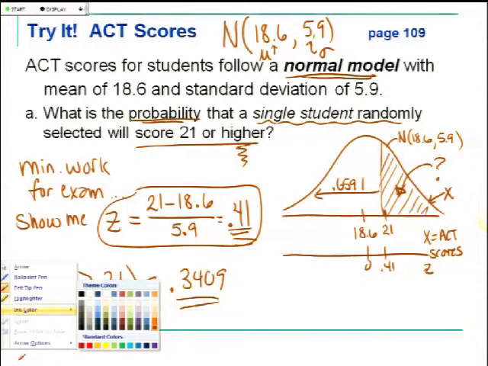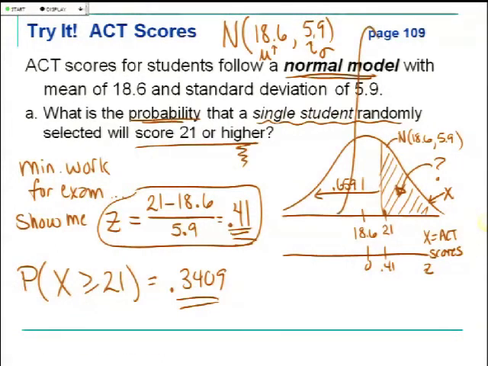It's still centered at 18.6, but what would it look like now? Much taller? Yeah? Less spread? Nope, I didn't change the color. It's going to. And the area to the right of 21, though, will be smaller. So x bar values vary less from the true mean. And therefore, the chance of seeing extreme values is not likely.